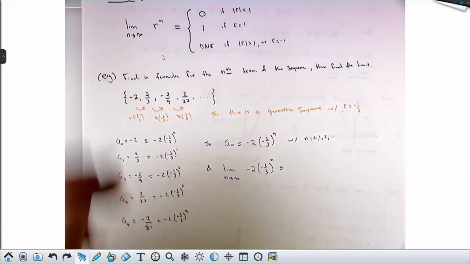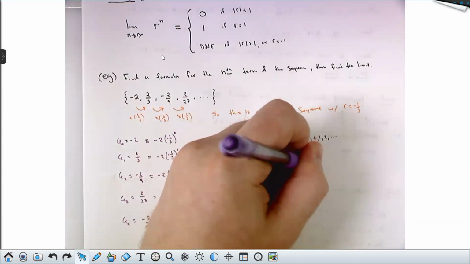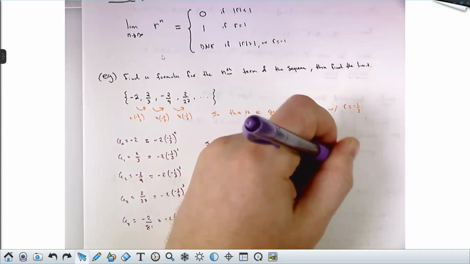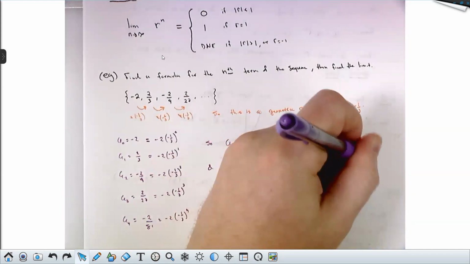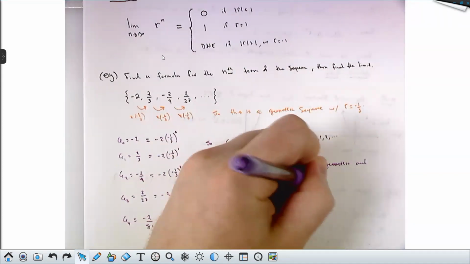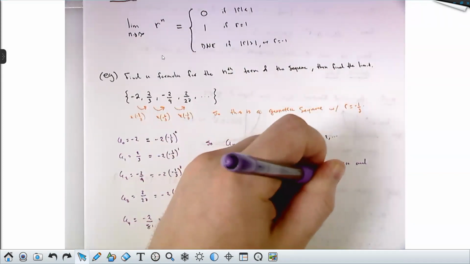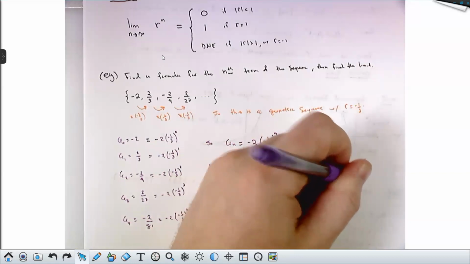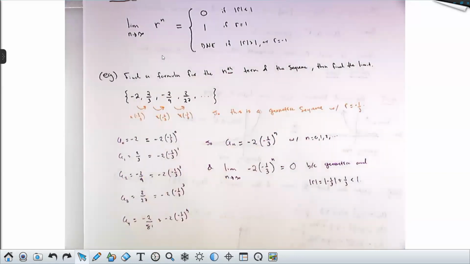Yeah, by the theorem above, because this is geometric, and the absolute value of r, the absolute value of -1/3, is 1/3, which is less than 1. All right, that's it. So this is a convergent geometric sequence. The limit is 0.